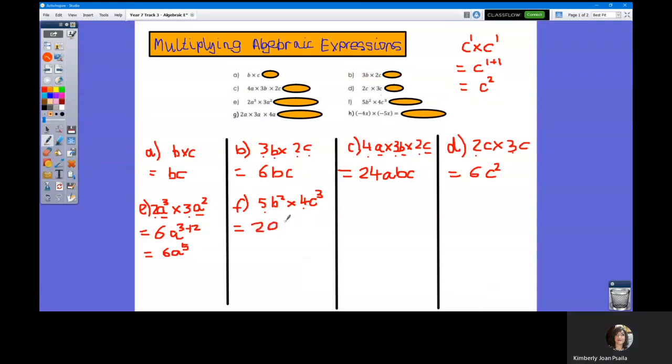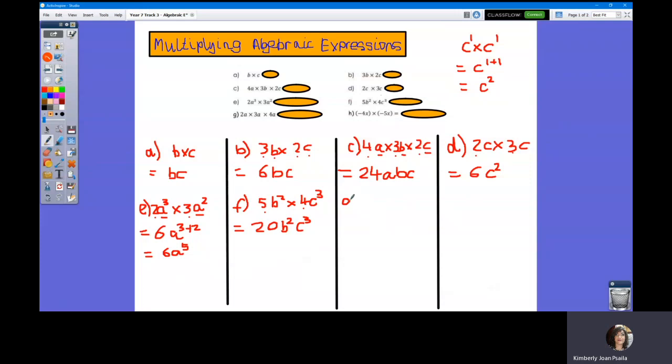Now I notice that b squared and c cubed are two different variables, so I cannot add the powers. So I just need to write b squared c cubed. You just remove the sign in between them and write down the variables. So it is important to remember that you add only the indices of the variables if both consist of the same letter.